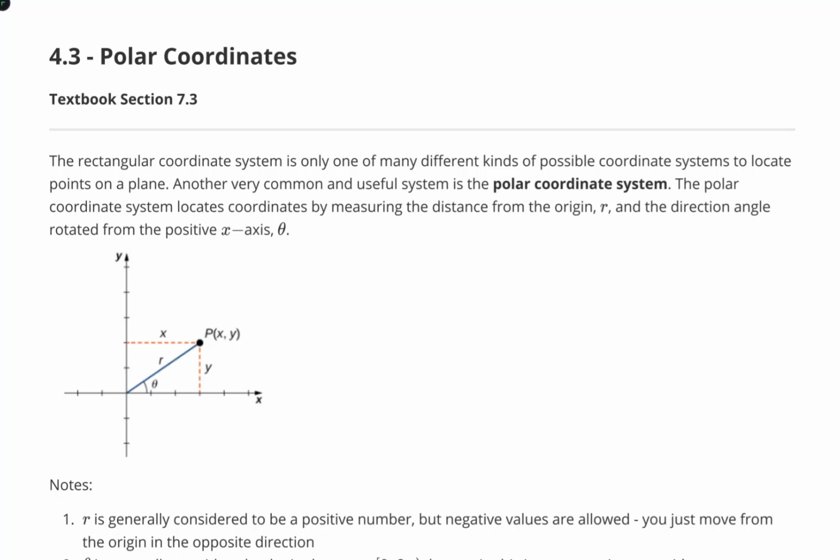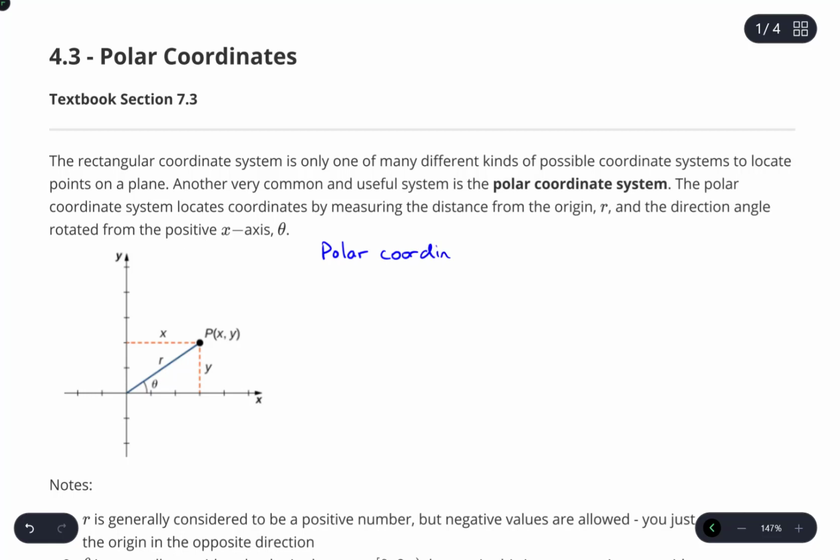And the polar coordinate system locates coordinates by measuring the distance from the origin, we label that r, and the direction angle rotated from the positive x-axis, and we name that theta. So to give you an idea, our polar coordinates will always have the form r and theta.